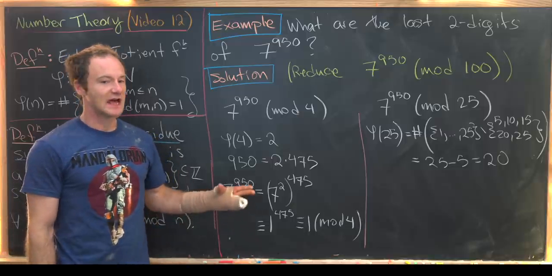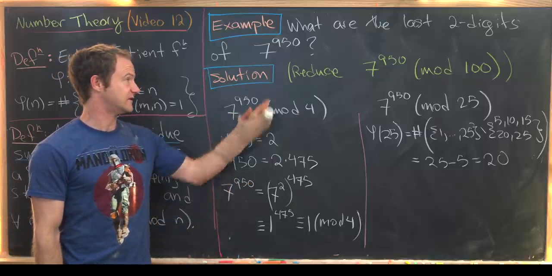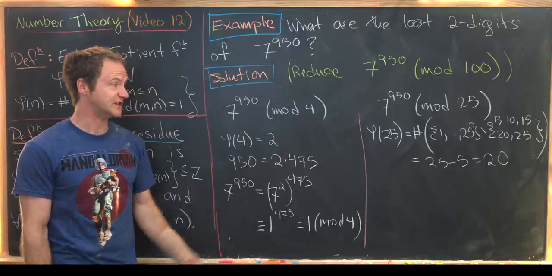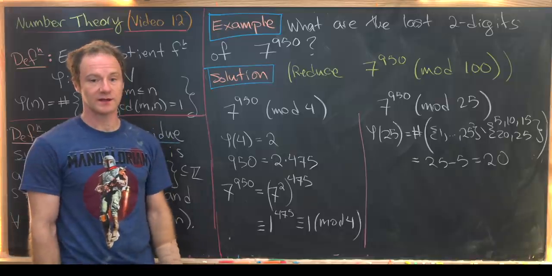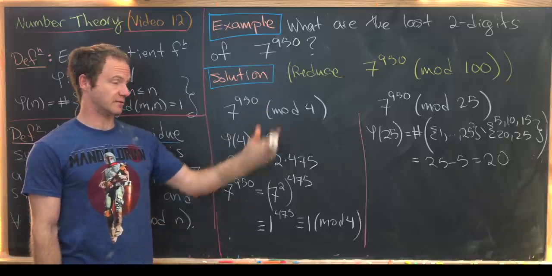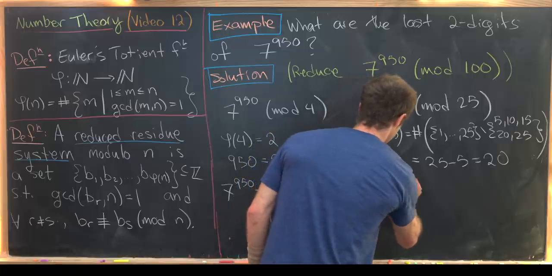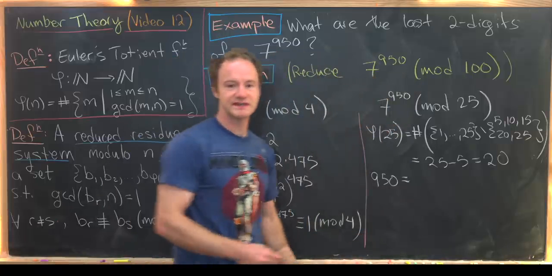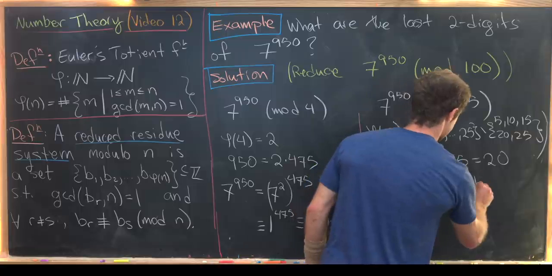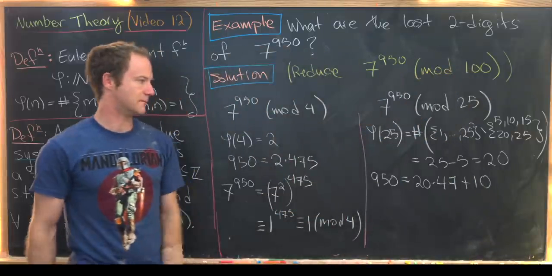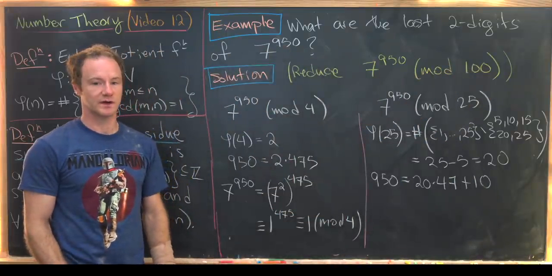Okay. So now we want to take this 950 and do division with remainder with 20 so that we can use Euler's theorem with 25. So let's notice that 950 is equal to 20 times 47 plus 10. So that's our remainder after dividing by 20.